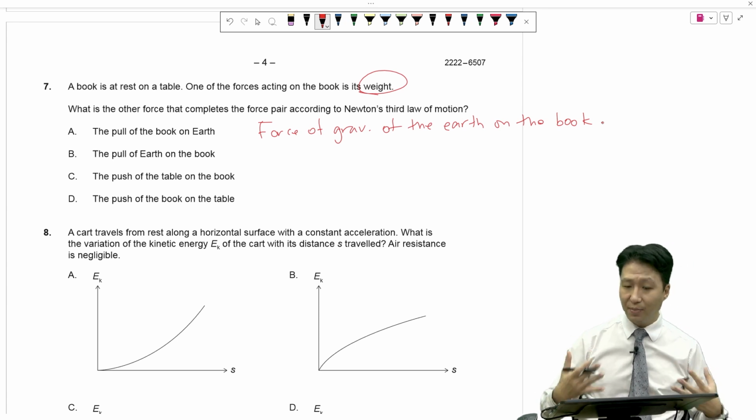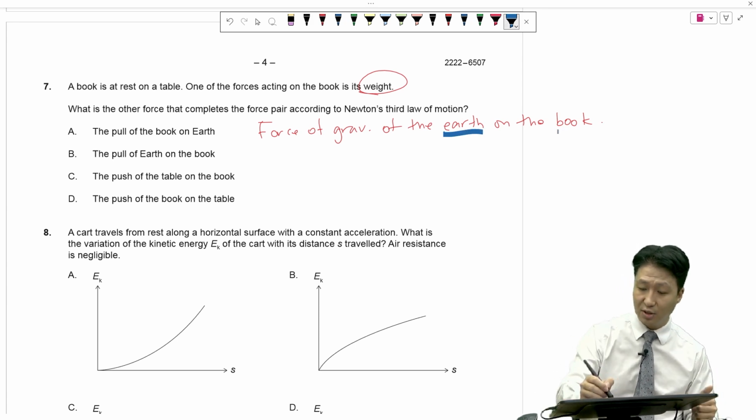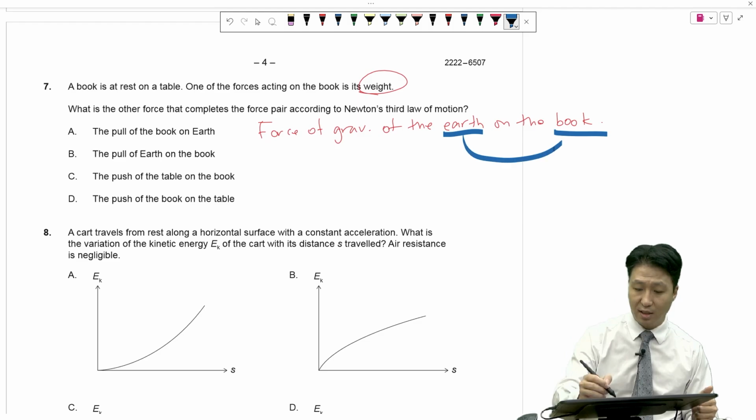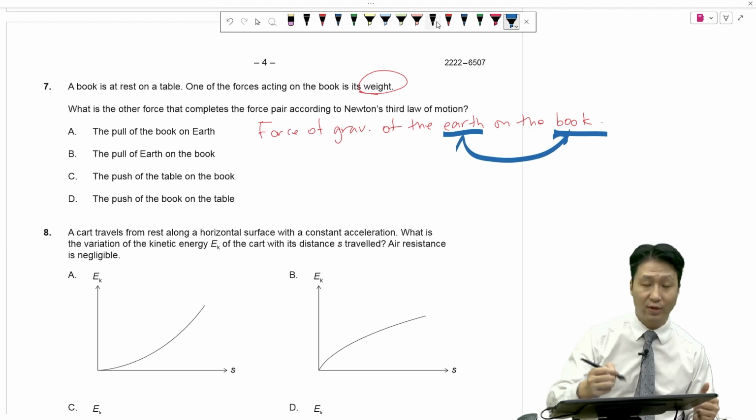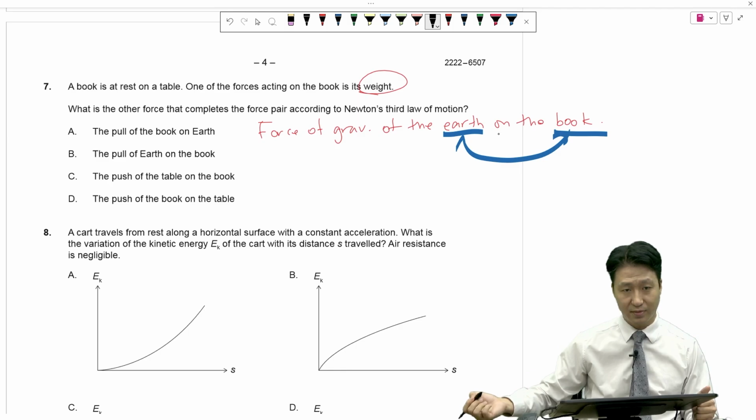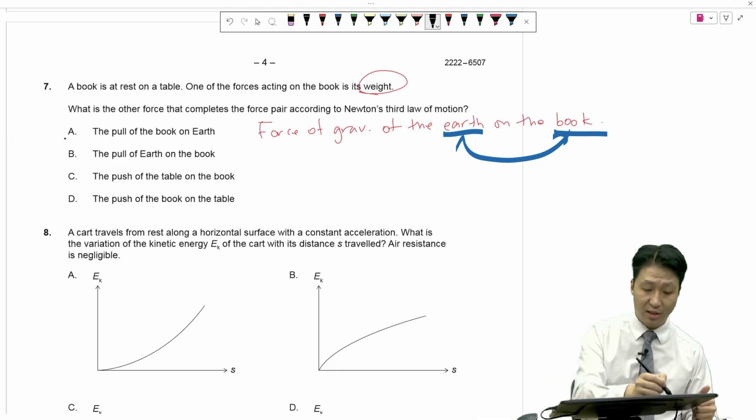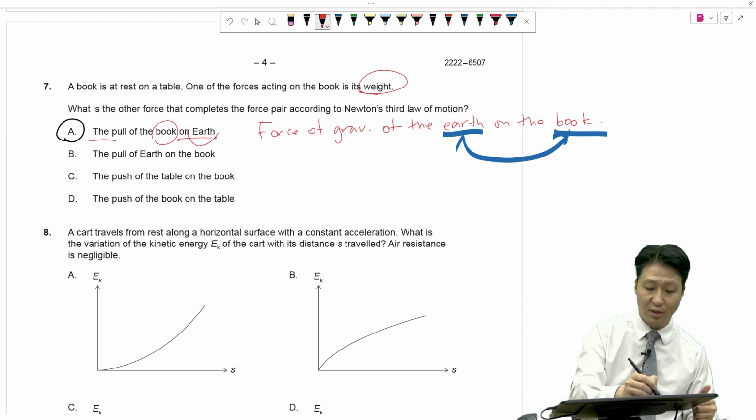If you want to get the opposite force of this, you just switch earth and book. You write the same sentence, it would be the force of gravity of the book on the earth. If you look at the options, this is equivalent to A, the pull of the book on the earth.